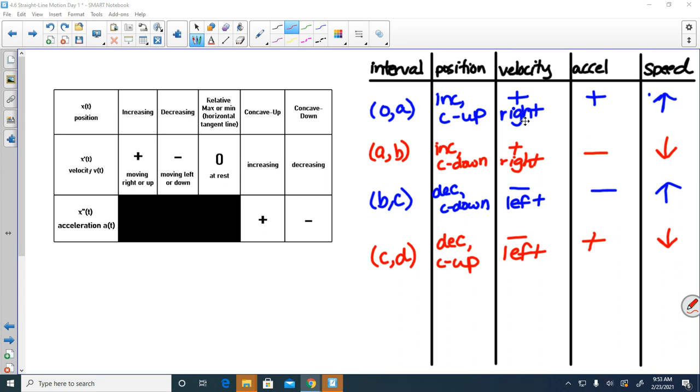And I'll also need information about if my velocity is increasing or decreasing, and I can determine that from the concavity. On the first interval, velocity is positive, but also because position's concave up, the velocity is positive and increasing.